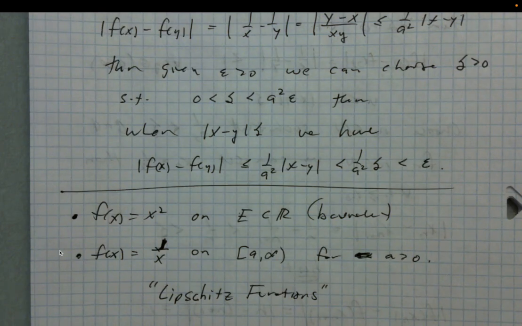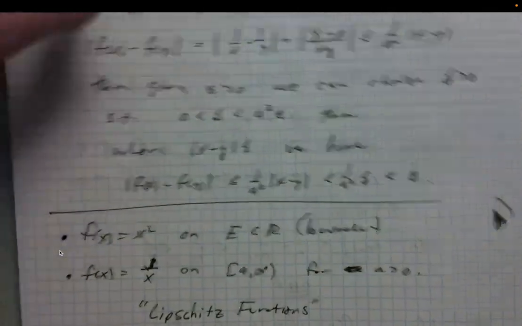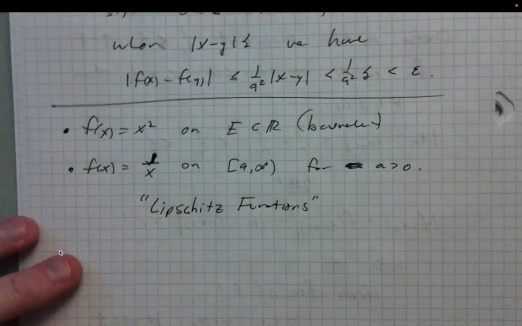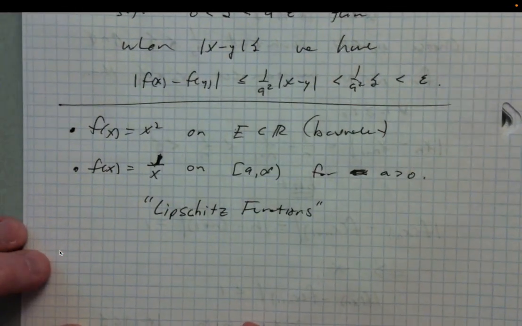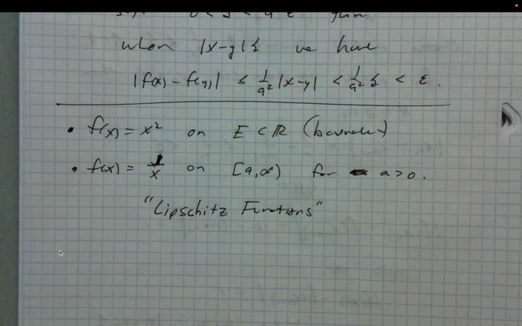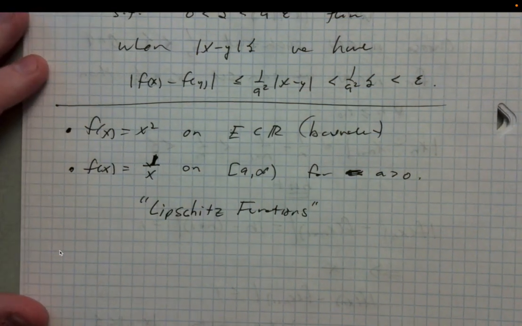Okay. All right. And so what is this condition that we see for these? Well, if you recall, in both cases, what we're using to establish the uniform continuity is some kind of a boundedness, right? And so what is a Lipschitz function?